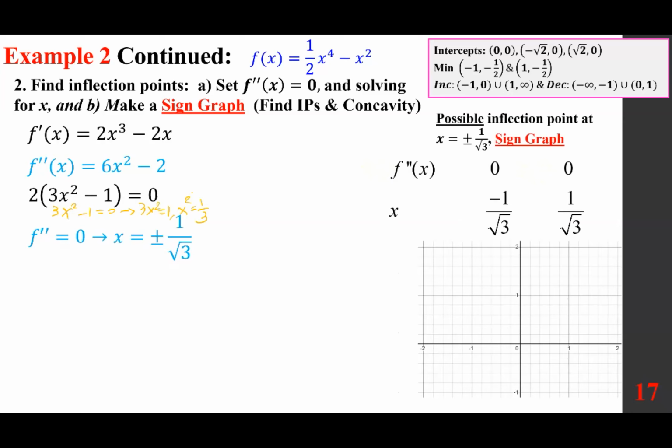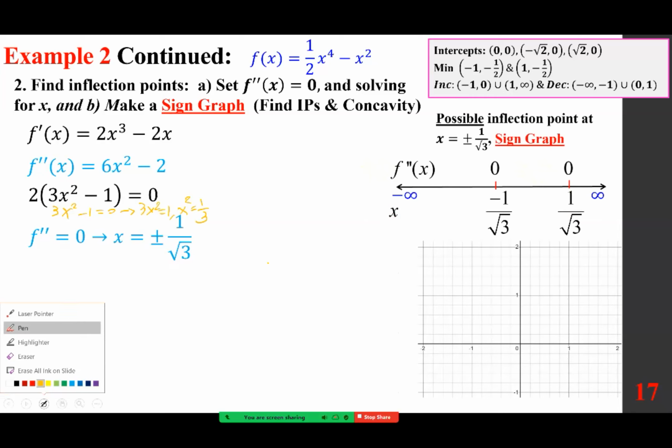All right. So we need, again, this is x. At x equals -1 over square root of 3, f double prime is 0. The same thing at 1 over square root of 3. We need to take a test point. And by the way, before we move on, f double prime is of degree 2.